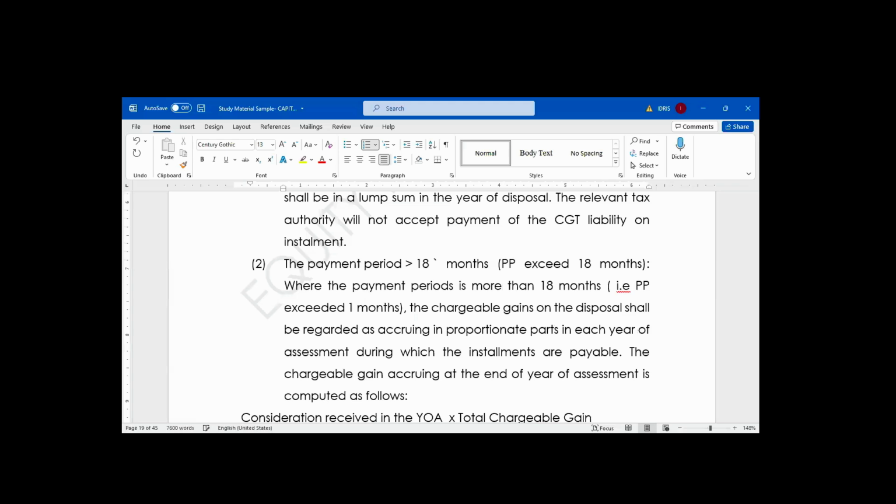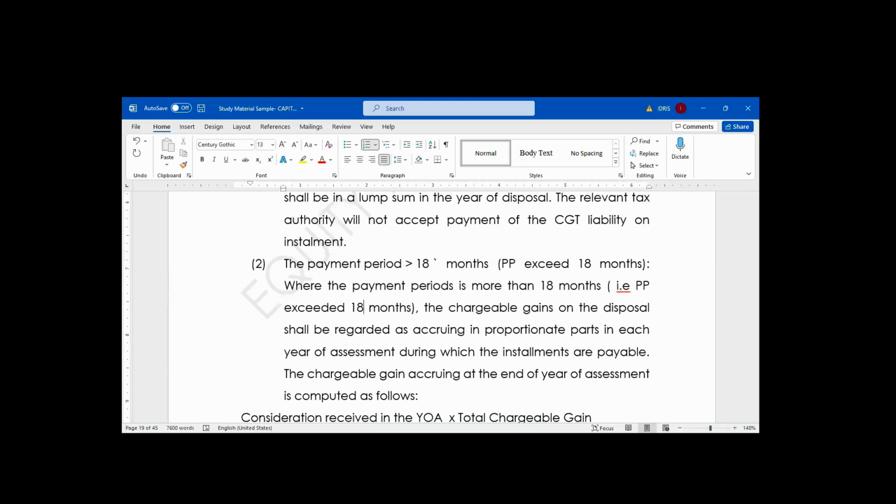Since the buyer of the asset is paying on installments, you, the seller, that you make a gain on that asset, when the installment period that the buyer is paying is more than 18 months. Do you understand? That means the capital gain tax due on that asset, you will not pay it in a lump sum.